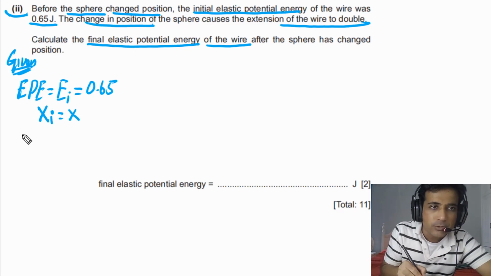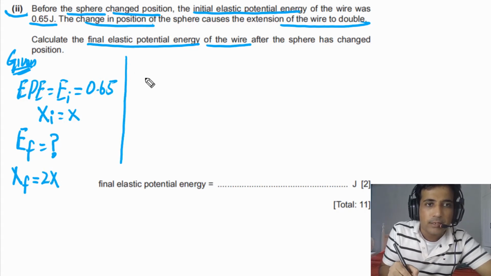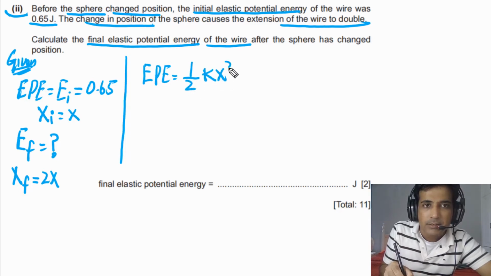We need to calculate E final. It is given that X final, the final extension, is equal to 2 times the initial, so X final is 2x. Now we need to understand how to calculate elastic potential energy. EPE is equal to 1/2 K x squared.